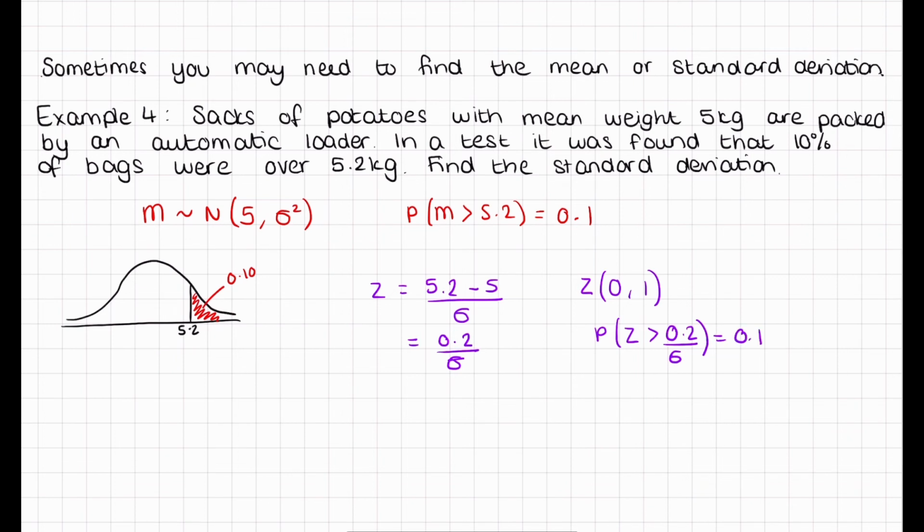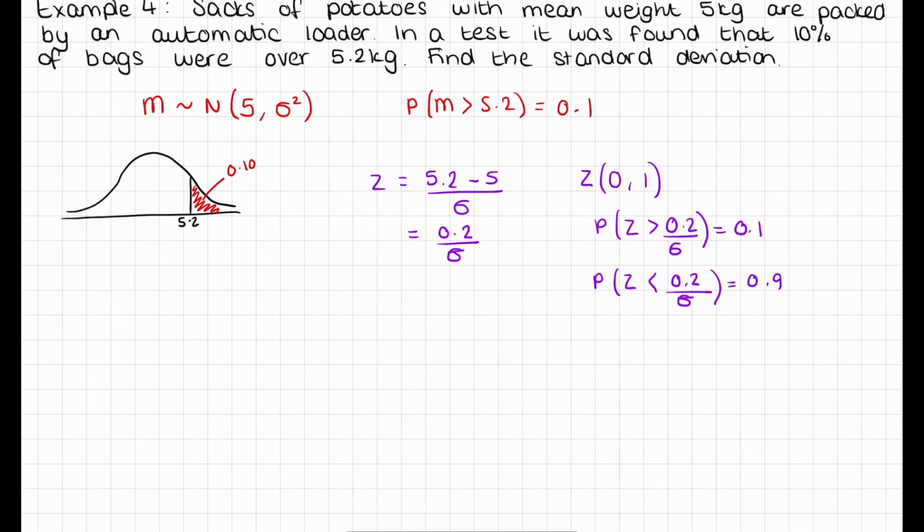And when we're greater than, we don't want the greater than, so we actually want when z is less than 0.2 over the standard deviation, and then that would equal 0.9. By using this information with our mean of 0 and standard deviation of 1, because we standardized it, we can then do the inverse normal.